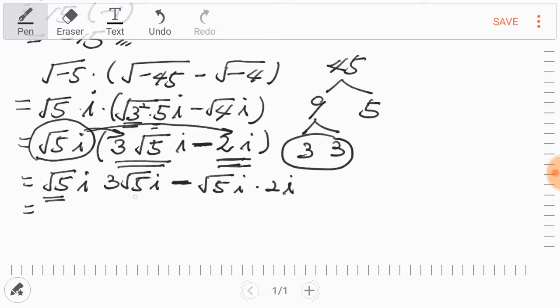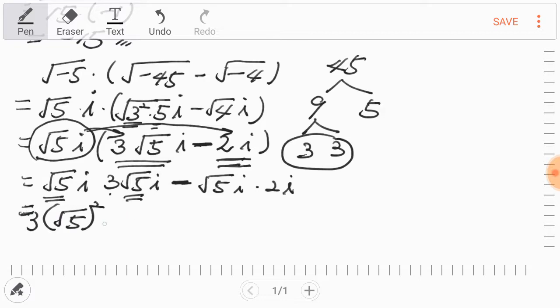Okay, there are two square root of 5, so we can raise square root of 5 to the second power. And then 3, we can put 3 in front of the numbers.